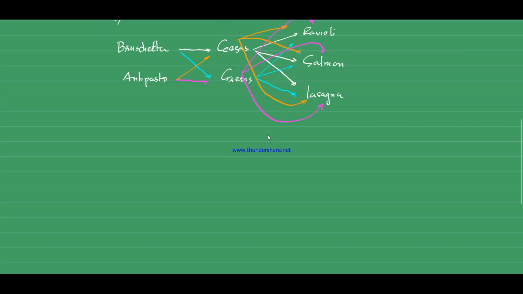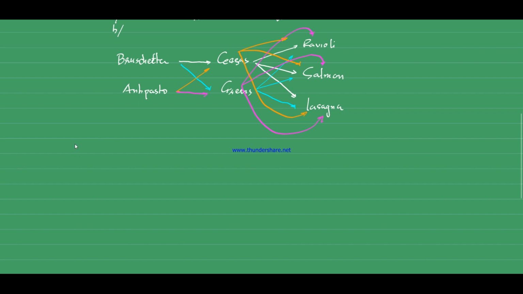So let's see, we go ahead and list all the elements in the sample space. So the sample space will be, okay. So we have B represent bruschetta, Caesar. So we have BCR, or BCS, or BCL.